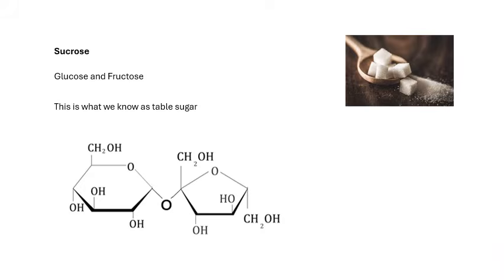You put teaspoons of this in your tea. Sucrose is a glucose and a fructose molecule, again joined by a glycosidic bond. This is what we know as table sugar. That's sucrose.